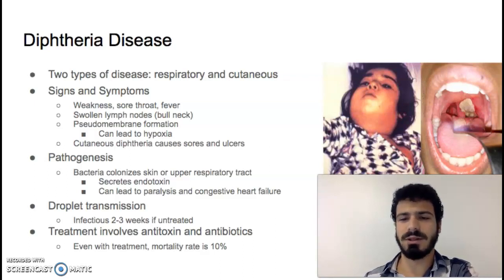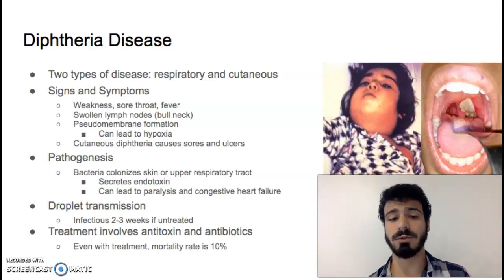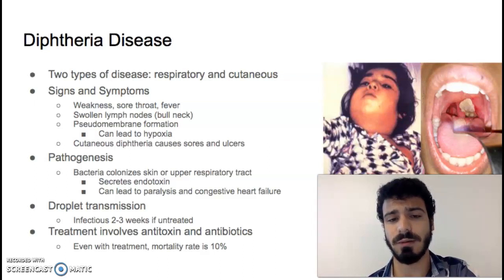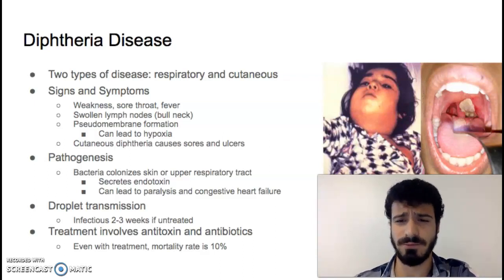And then the toxin can be absorbed to distant organs, and that can lead to a host of other problems, including paralysis, kidney failure, and congestive heart failure. In fact, most of the deaths actually occur from congestive heart failure.